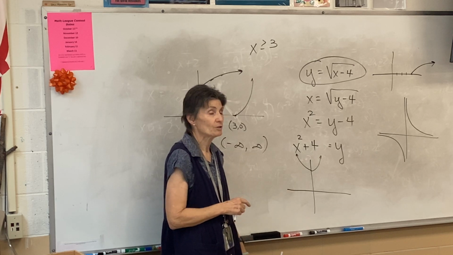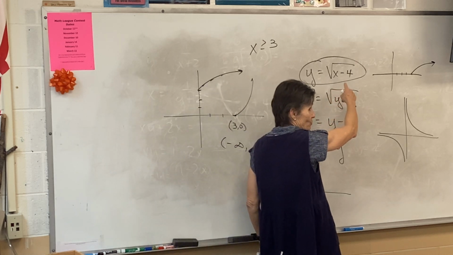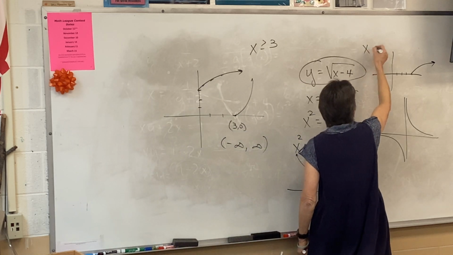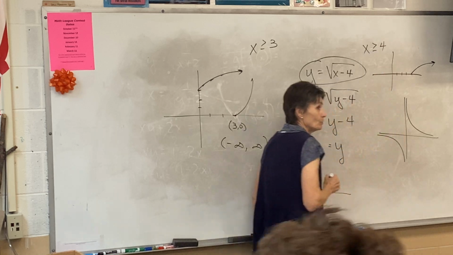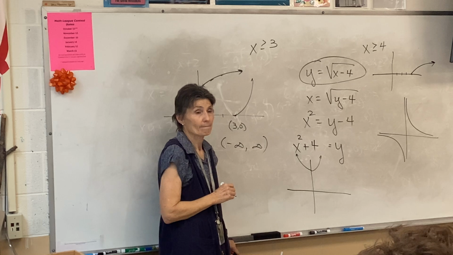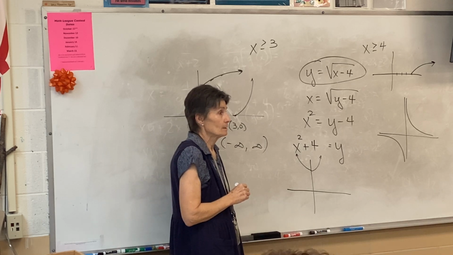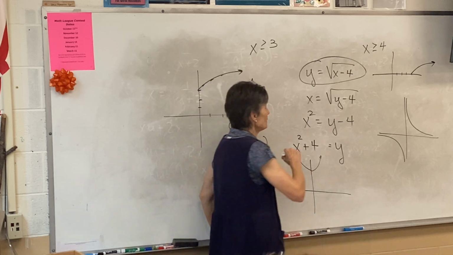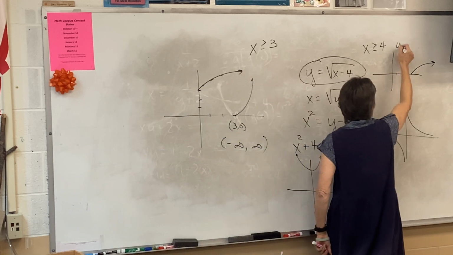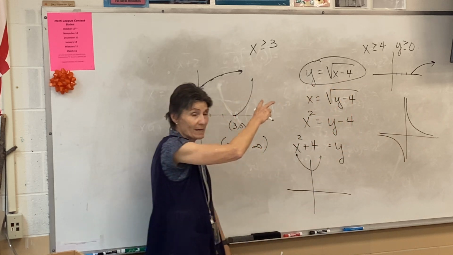So what do I have to do? Restricted? This domain is restricted to x bigger than or equal to 4. Would you agree with that? And y is greater than or equal to 0. That's the original domain and range.